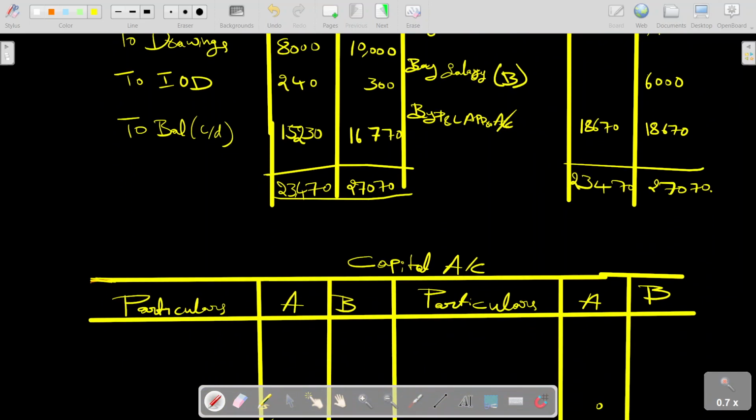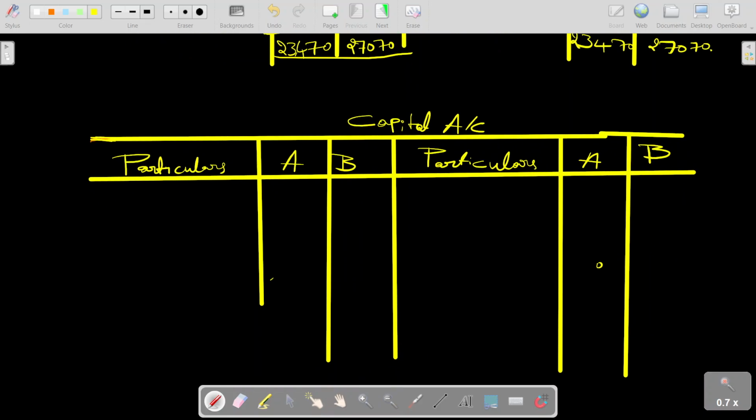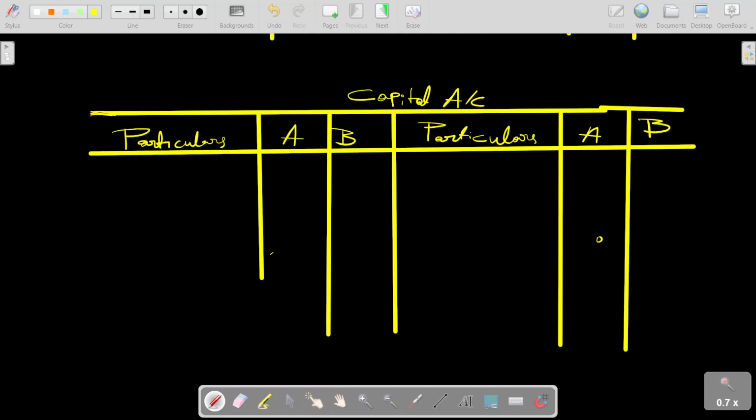Right. And now we need to make capital accounts, and capitals are fixed here.